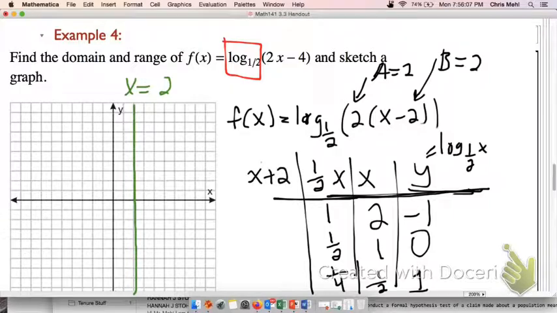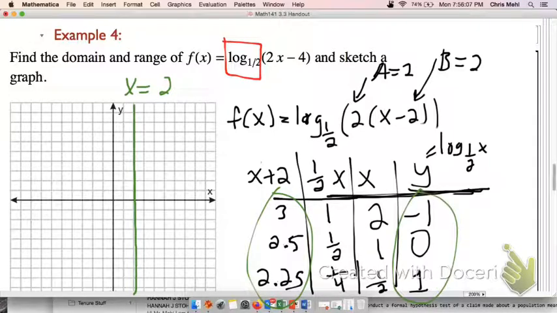So I'm actually going to be adding 2 to all the x coordinates and get 3, 2.5, and I'm going to use decimals, 1/4 plus 2 is 2.25. These are now my x coordinates. Those are still my y coordinates.